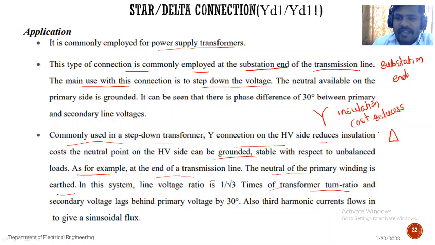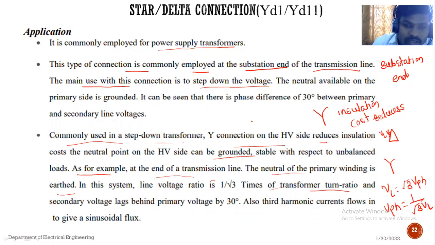So in case of delta, VL is equal to VPH, and in case of star, primary star मध्ये connected आहे, VL is equal to √3 VPH. That means VPH is equal to 1/√3 VL.